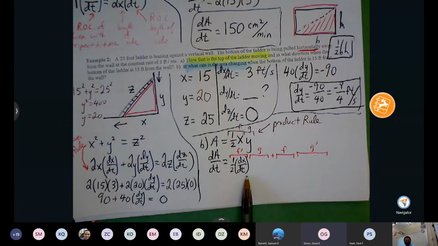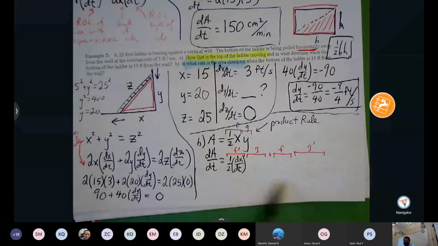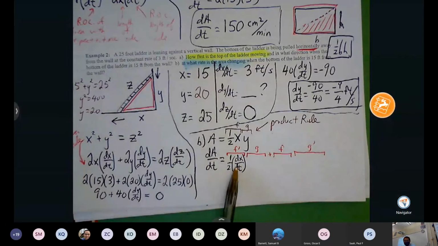So if we're looking at a variable that's going to change over time, yes, that's right. Anytime there's a variable changing over time, and time is going to be the underlying variable for all these problems, we're going to have d over dt for every one of these variables that pop up.